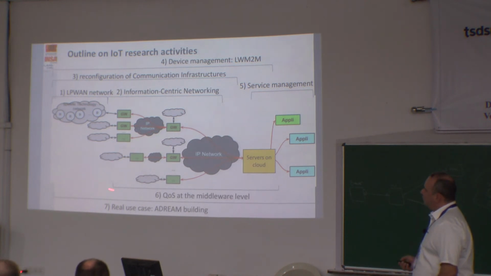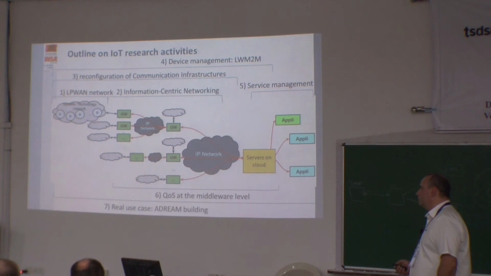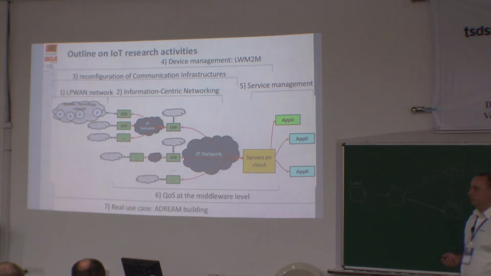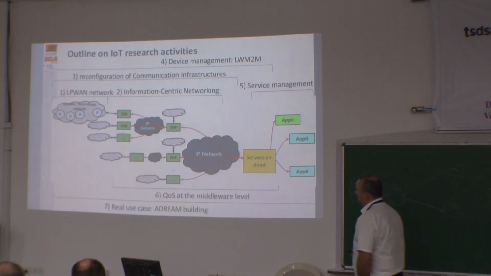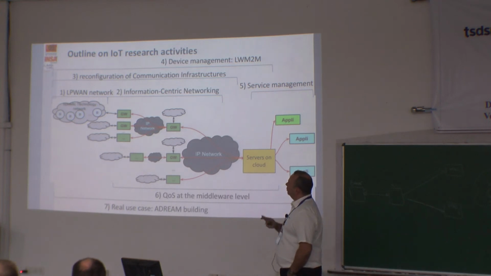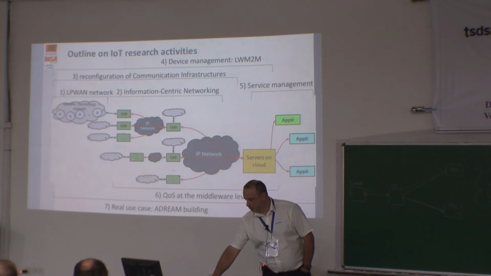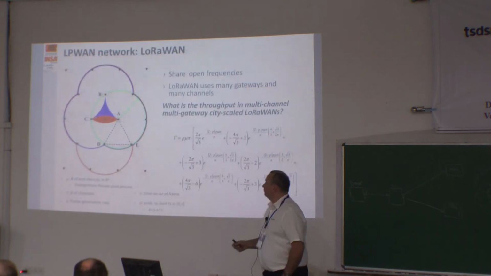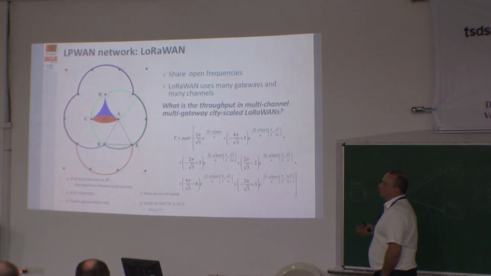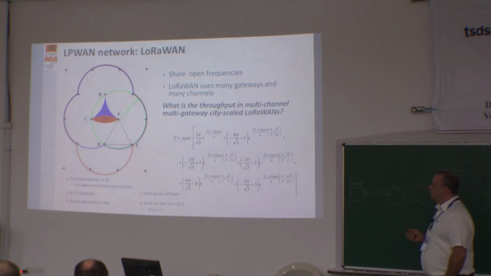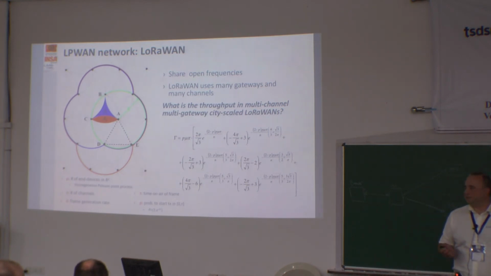We also work on QoS, quality of service, for all the middleware part, and we use this in a real use case in a building called Dream Building, and I will give you some information. So it's a quick survey of what we do in the team, and for each subject it's only 1 or 2 slides just to give an introduction to the subject.